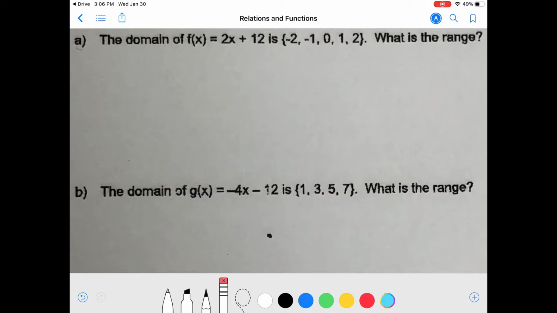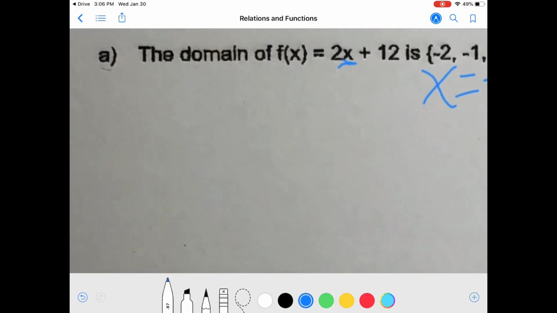So that means x equals negative 2, x equals negative 1, x equals 0, x equals 1, x equals 2. We're going to be substituting all of these values in for x.